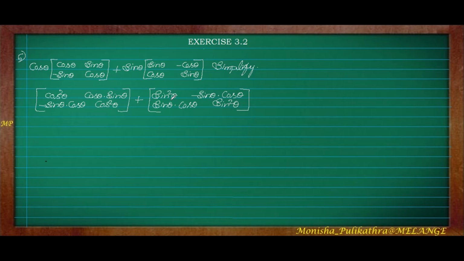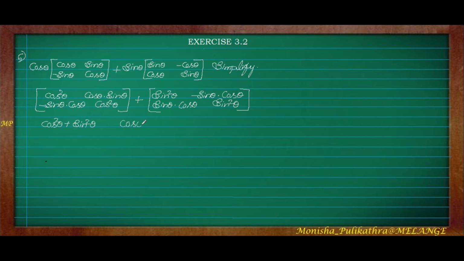Now we have to add these two things. Since the addition symbol is there, we have to add all the corresponding positions of the next matrix. So cos square theta plus sin square theta. Cos square theta plus sin square theta.